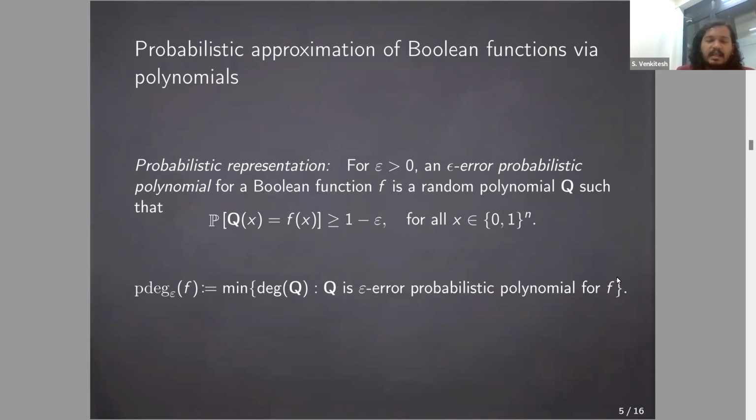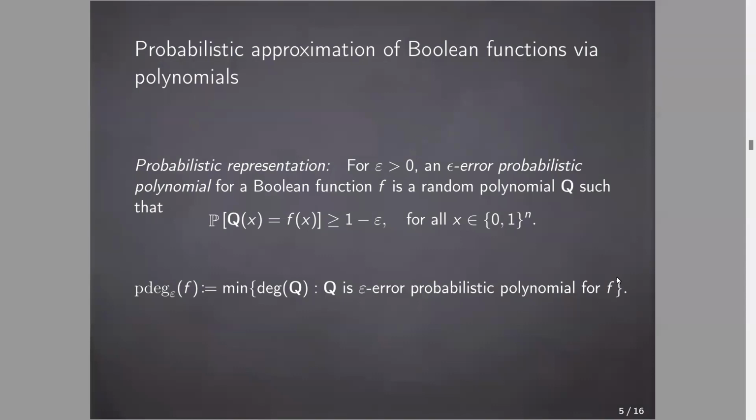It's high for every input. Okay, so once again, here the randomness is not in the choice of the input. It is in the choice of the polynomial. You take a probability distribution of polynomials. This distribution is an epsilon error probabilistic polynomial for the function f if at every input x, the randomly chosen polynomial agrees with the function with high probability. That is 1 minus epsilon.